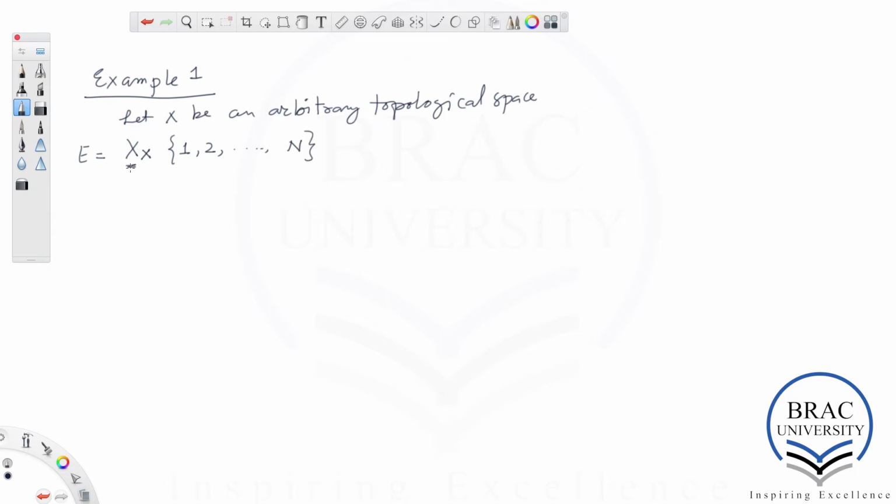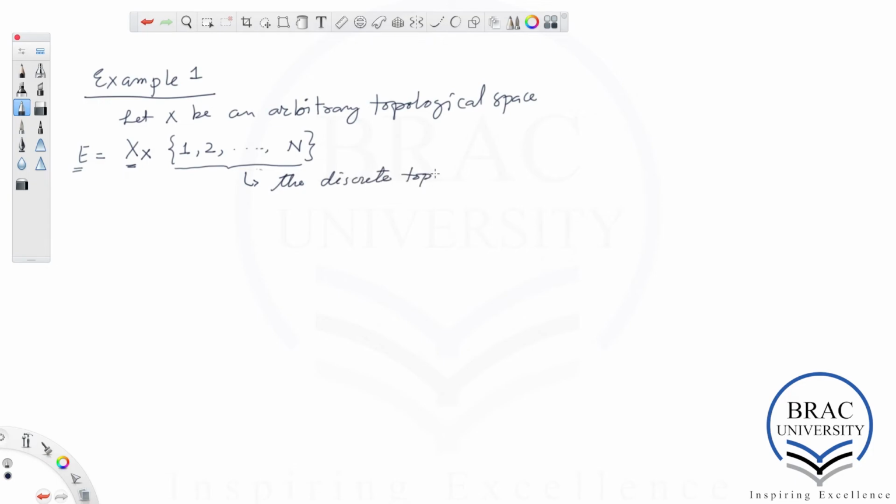Well, X is a given topological space, and this set is equipped with the discrete topology. So this is a topological space as well, and E is endowed with the product topology of these two topological spaces. So E is also a topological space. This is given. The topology here is the discrete topology.